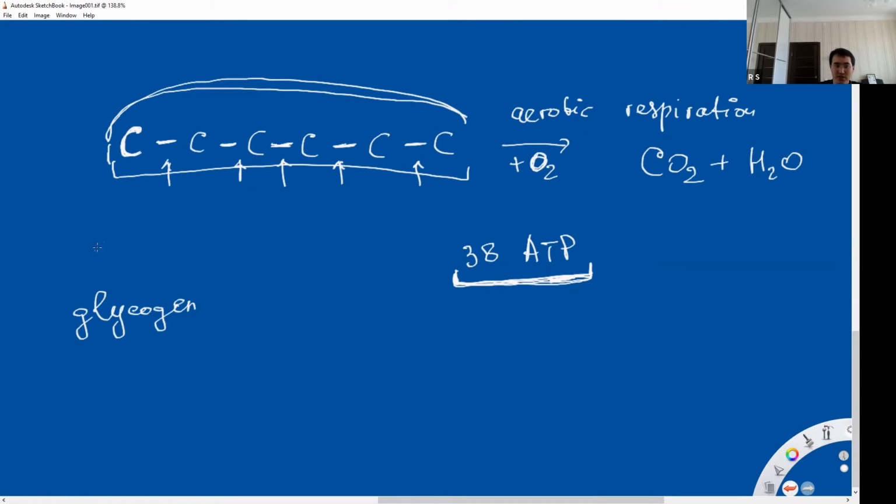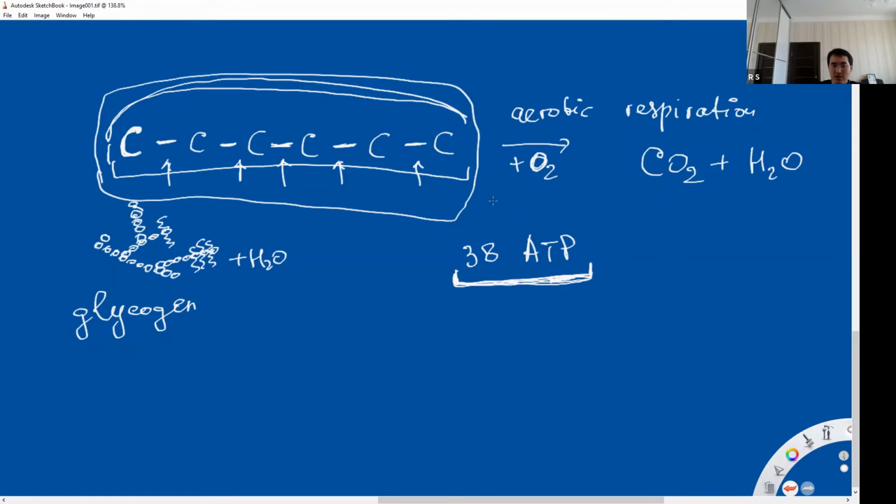This glycogen is a huge chain, a huge polymer of glucose molecules bound to each other with a covalent bond. It has branching so that it can take as little space as possible. And whenever we need it, we add water here and break these bonds between sugars, and then use them in aerobic respiration.